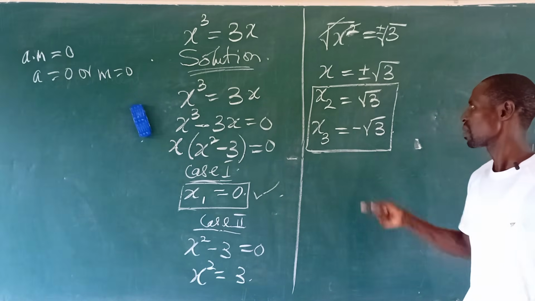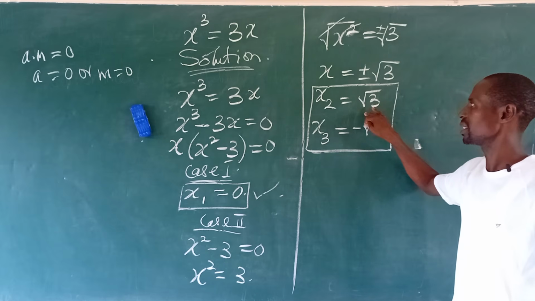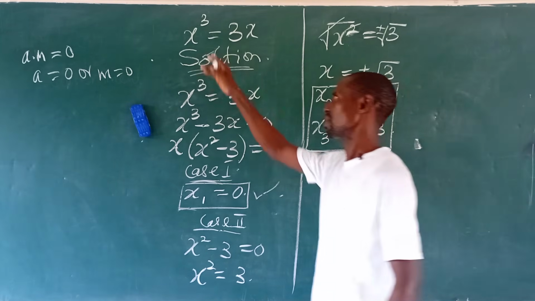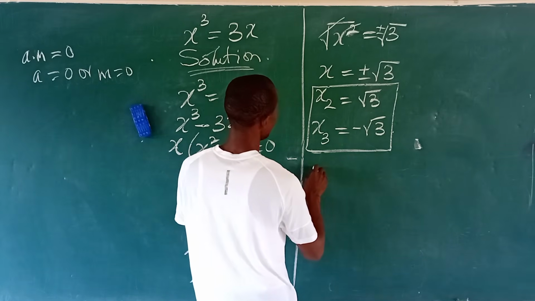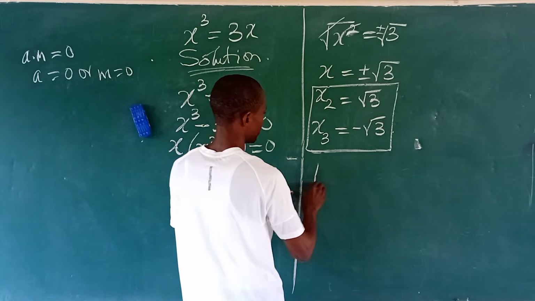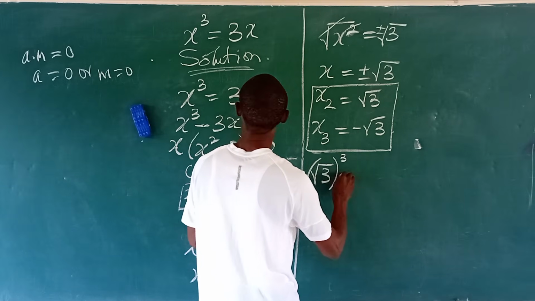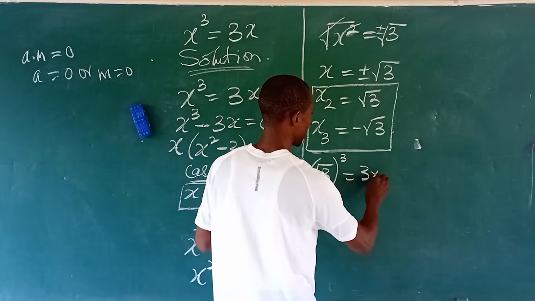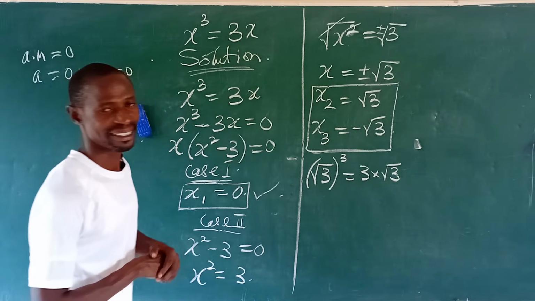So what we do, wherever we see our x, we put in root 3 there. Let's check for the first one. What is our x here? We have the square root of 3 all raised to the power of 3 equals 3 times the square root of 3. Easy.